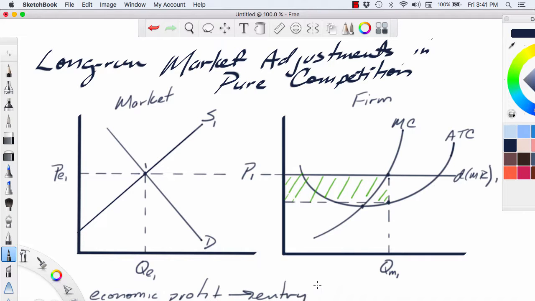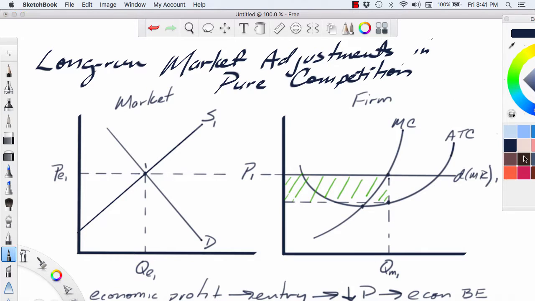And entry will ultimately lead to falling prices, which will push the market towards what we call economic break-even. Economic break-even is simply where the firm is not earning a profit. Now, what I would like to show you in this particular video is how that adjustment takes place.